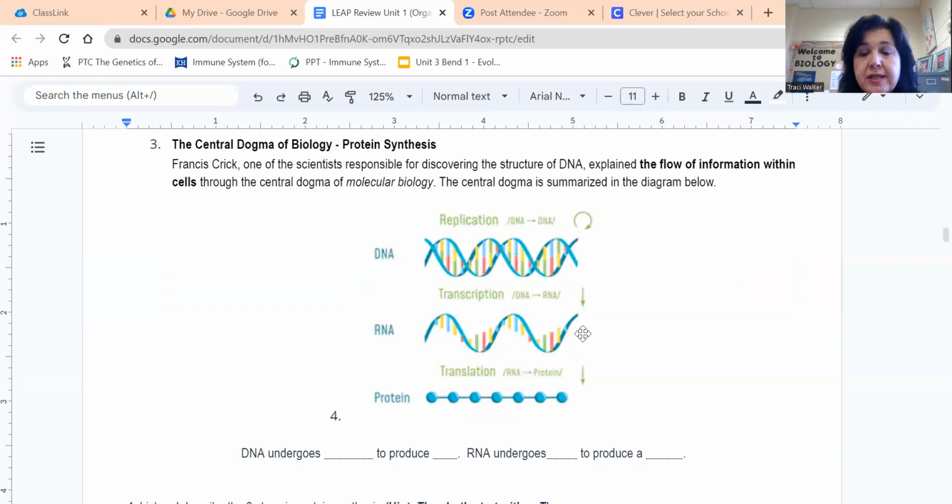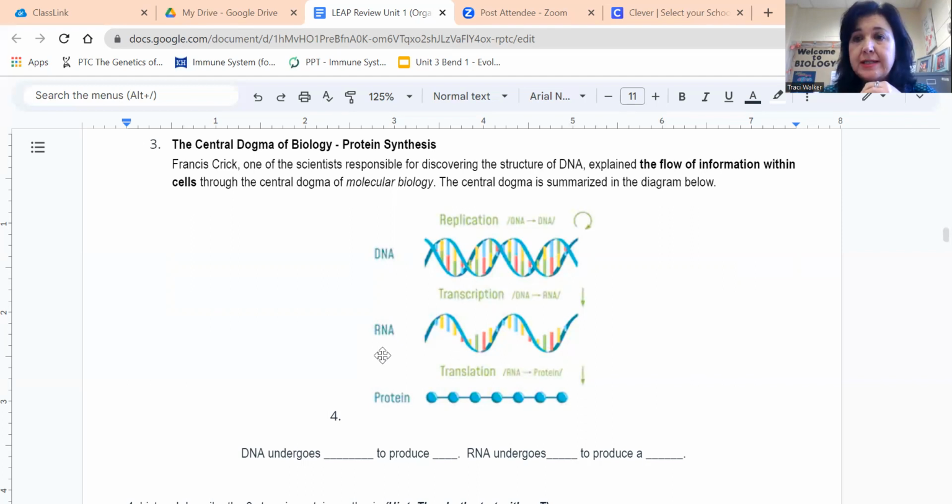And then we learned that RNA leaves the nucleus because DNA cannot. DNA has the genetic information, the genetic code, but it cannot leave the nucleus, so it makes RNA instead. RNA leaves the nucleus and it goes out into the cytoplasm to the ribosomes. And if you'll recall, ribosomes are little organelles inside of the cells, and they make proteins.